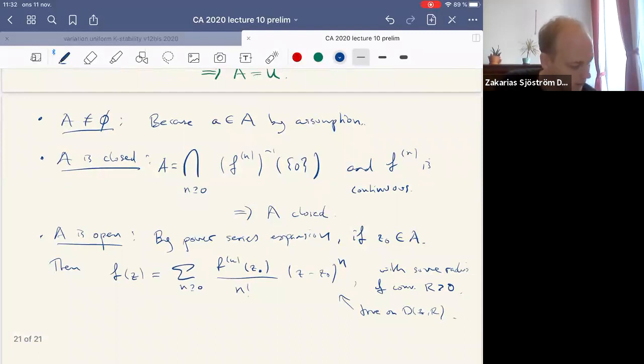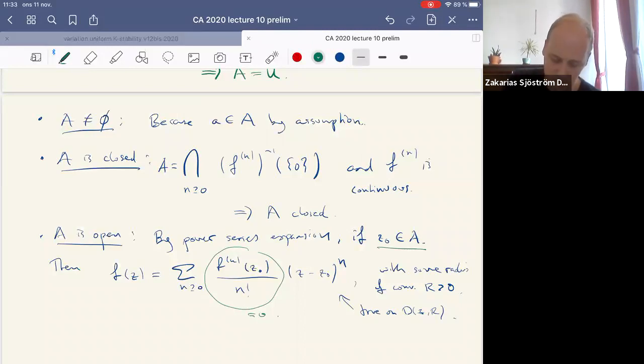But now we have to remember we assumed that z0 was in A. So assuming that means that all of these partials here are 0. So all of these partials were 0, and this implies that f of z is 0 in all of this neighborhood.